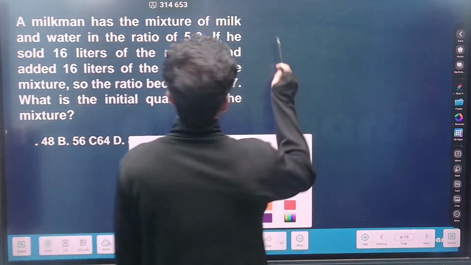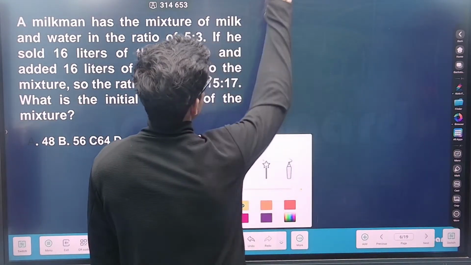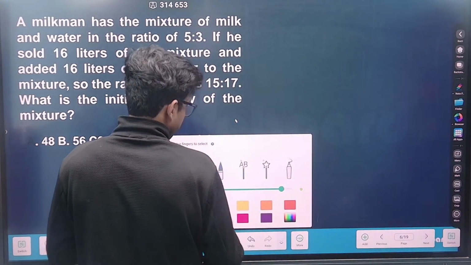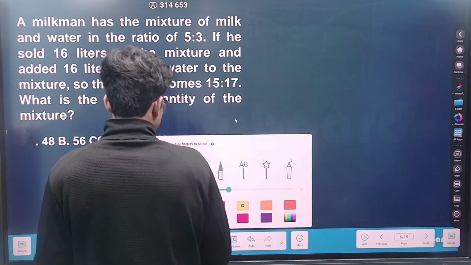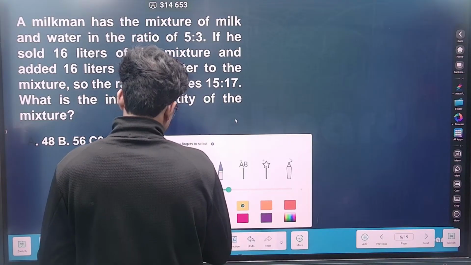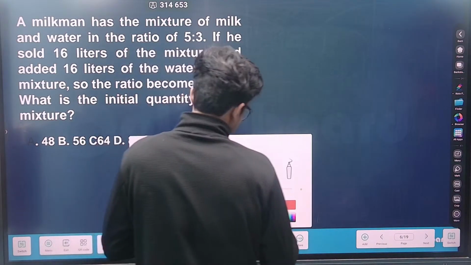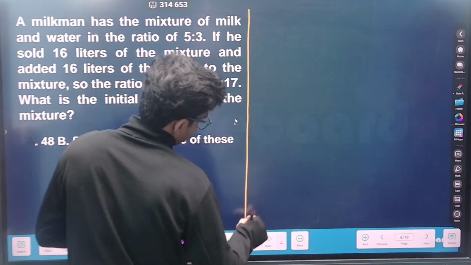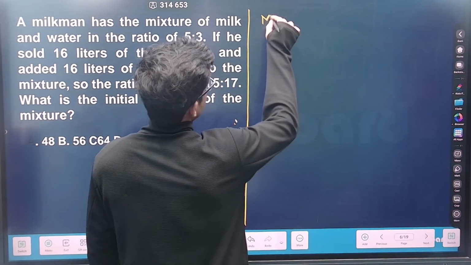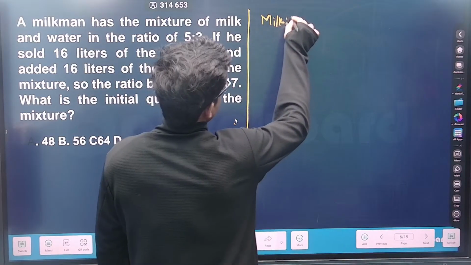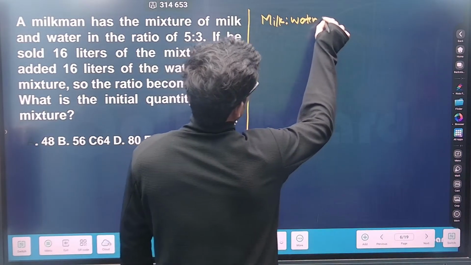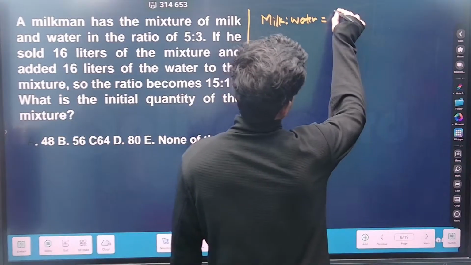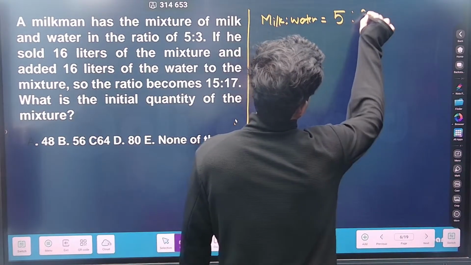So milkman having milk and water, milk is to water in the ratio of 5:3. So this is given to us, which is 5:3.